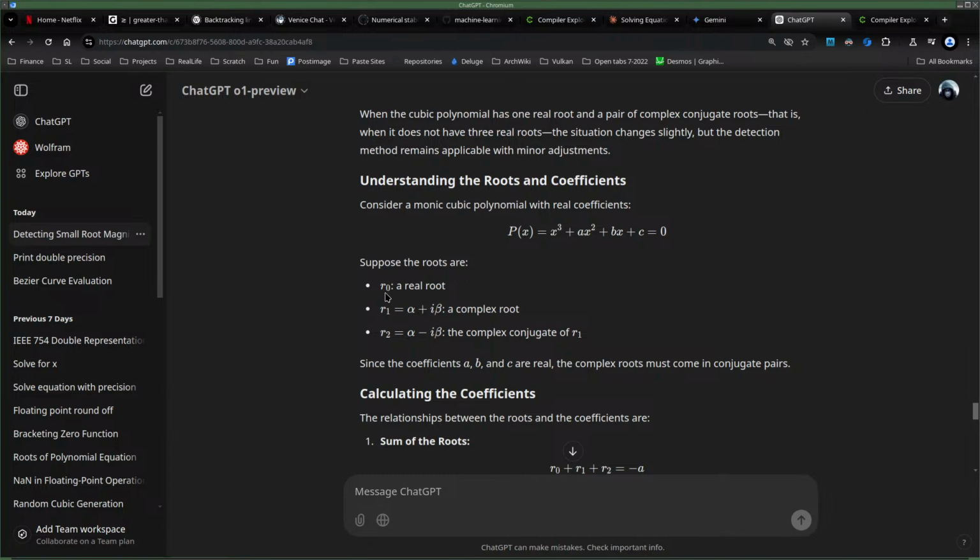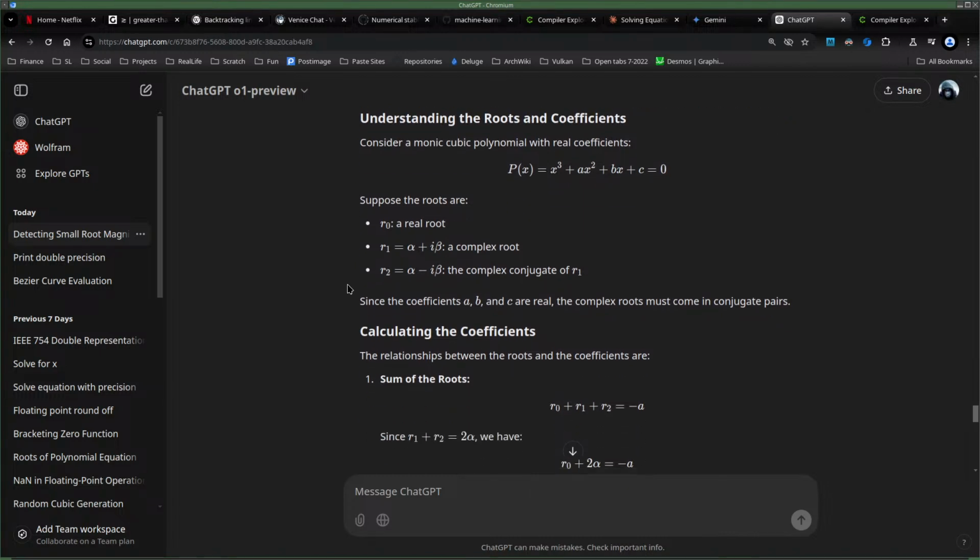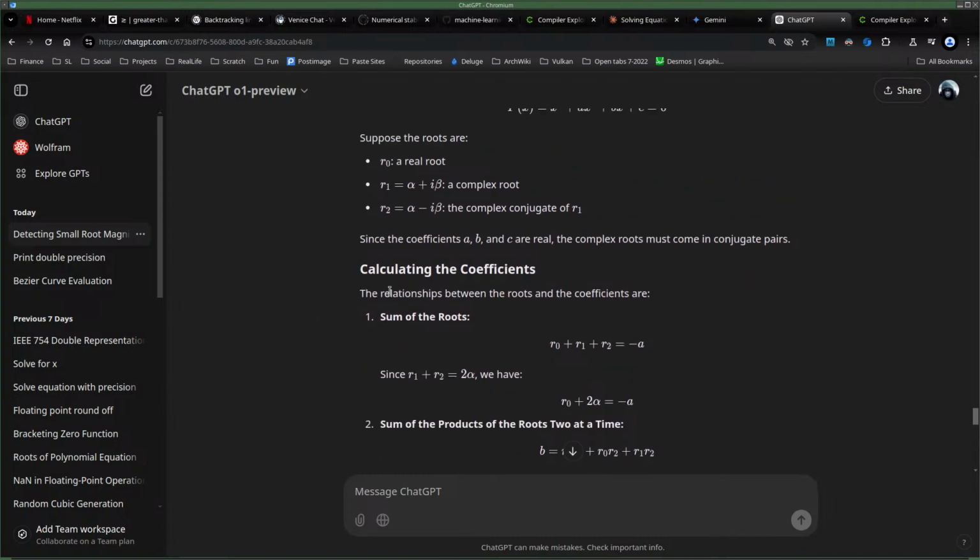Suppose the roots are R0 as the smallest root, and now it also calls it a real root. It's kind of half the story. Its coefficients A, B, and C are real. The complex roots must come in conjugate pairs. Calculating the coefficients.